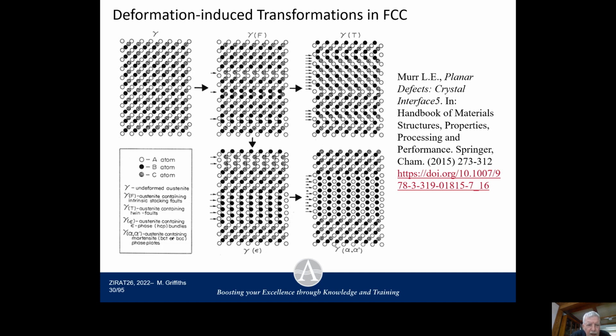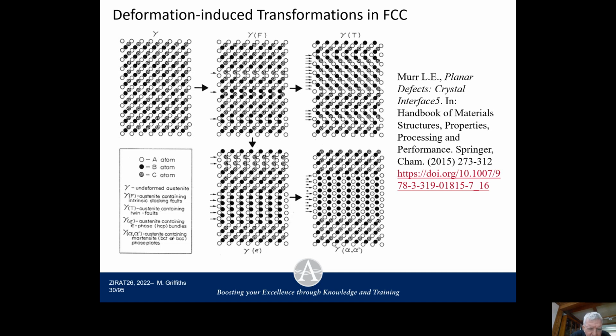But you can also create, if you make that fault happen on every other plane, it becomes an epsilon martensite phase. And then from this epsilon phase, from the hexagonal phase, as I've just shown you there, you can actually get to a BCC form.